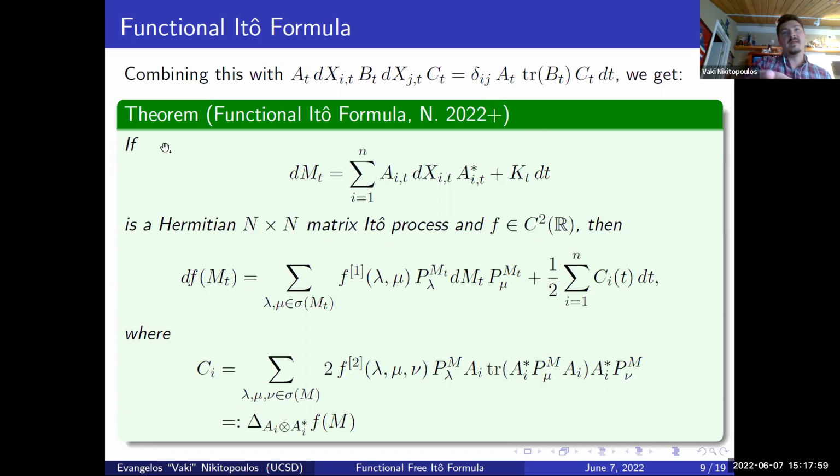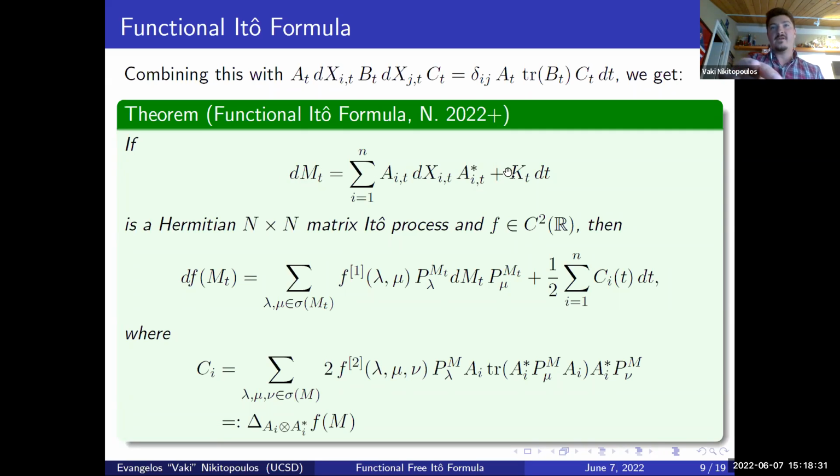So it says that if M is a Hermitian n by n matrix Ito process, so that's why I have, instead of a B_i_t here, I have an A_i_t star, so that if you take the star of that stochastic integral, you will flip it and still get the same thing if you apply the star here, because remember, X_i is Hermitian Brownian motion. And then, of course, I said it's supposed to be Hermitian, so we should also have that K is a Hermitian matrix valued process.